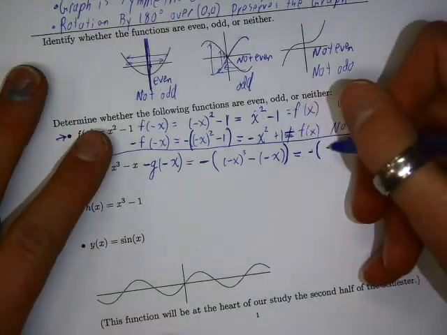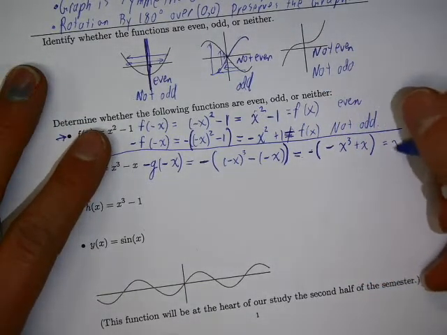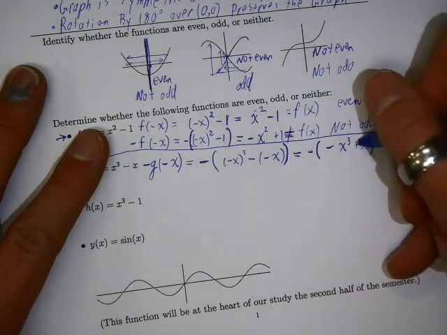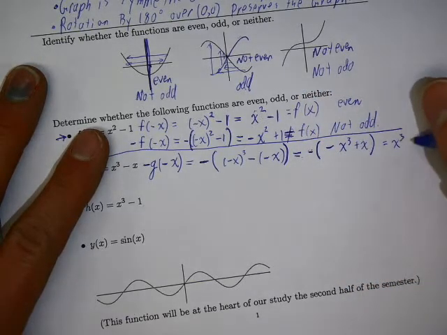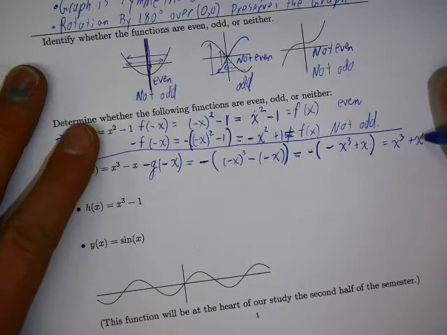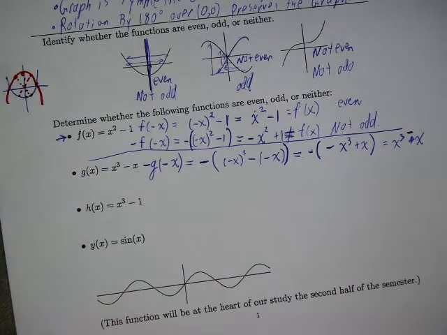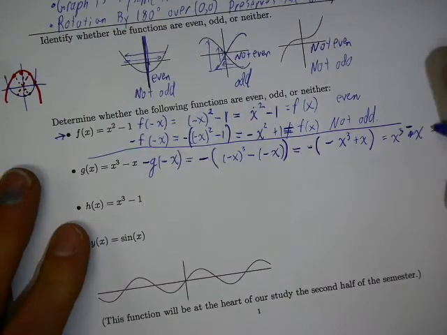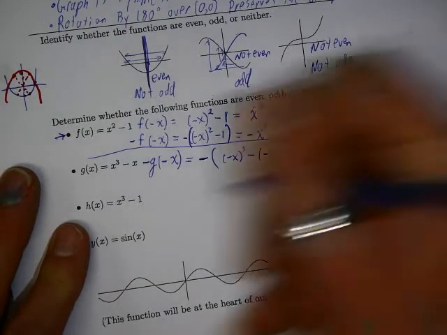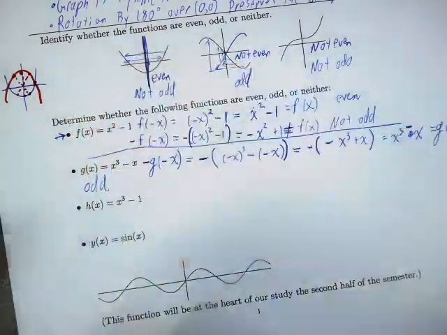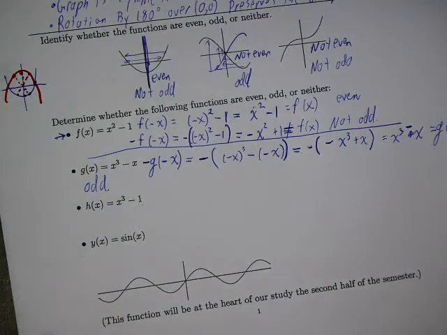So that'll give me negative x cubed, also known as x cubed, minus positive x. Is that the same thing as g of x? So is it odd? Cool. People feel okay about that?